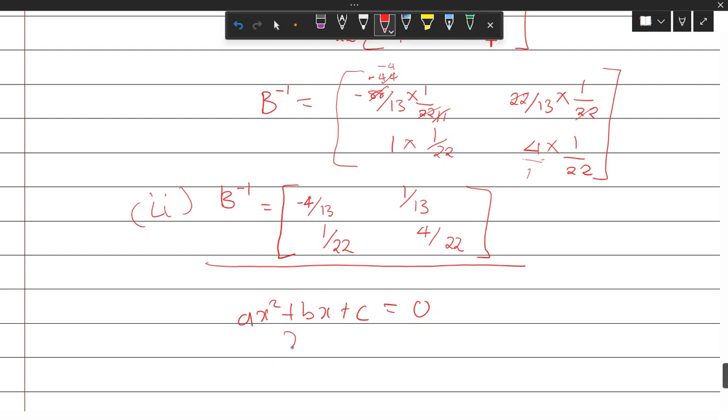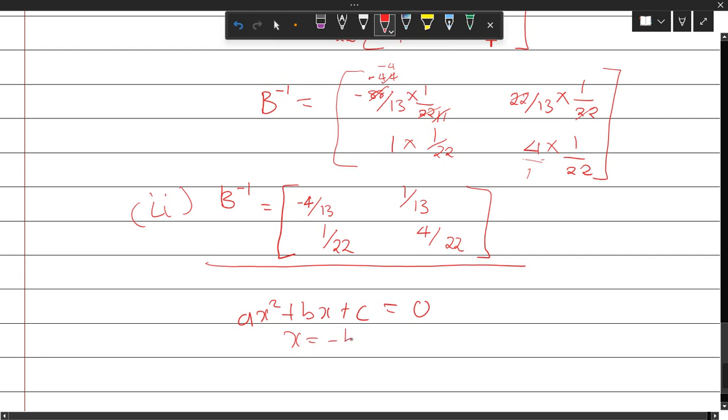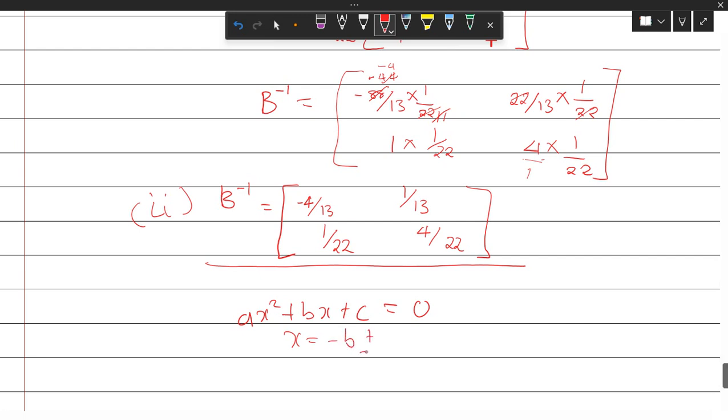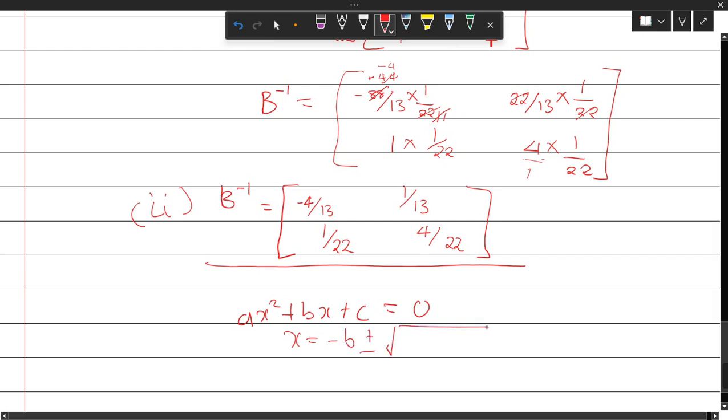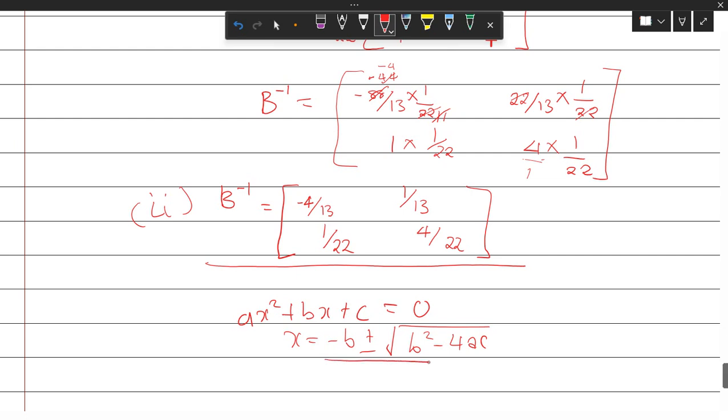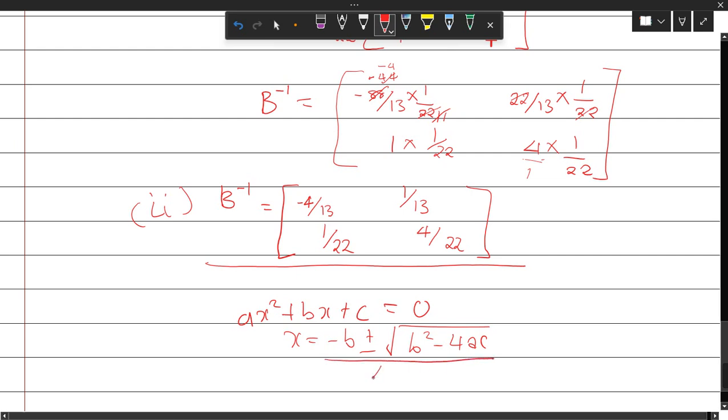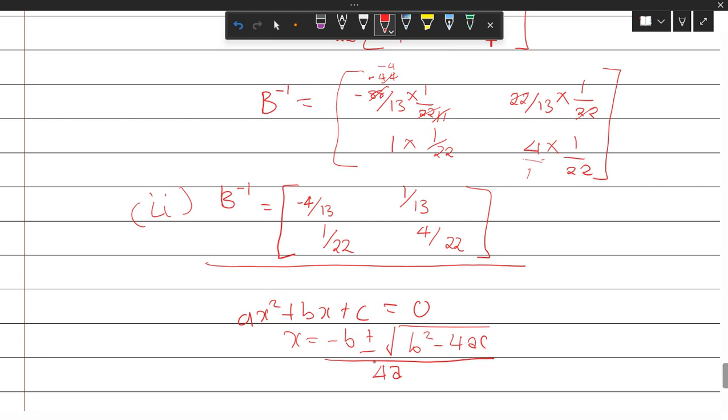Then apply the formula x equals negative b plus or minus square root of b squared minus 4ac, everything divided by 4a. Mind you, this division goes up to negative b, not just here.